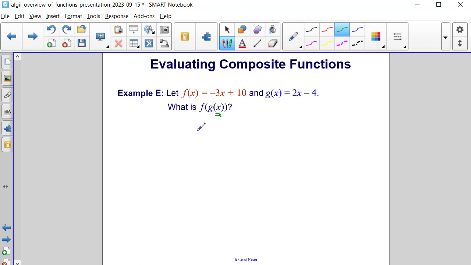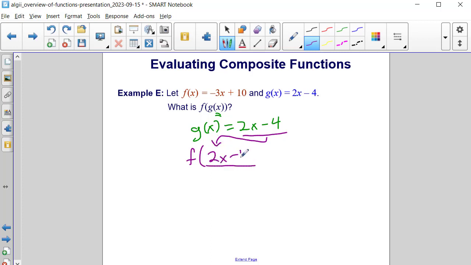So we end up having g of x being equal to 2x minus 4, and now we have to take f of g of x. That means we're doing f of, and we're putting this entire expression in the parentheses, 2x minus 4, and then we're substituting that entire expression in for x in our f function.